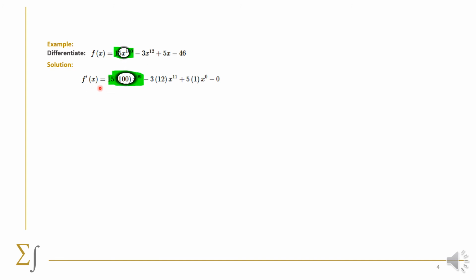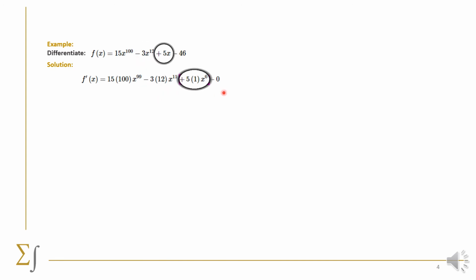We take the first term: we have 15 times 100 x power 99 as the derivative of 15x power 100. Now let's see the 3x power 12. It will be minus 3 times 12 times x power 11.